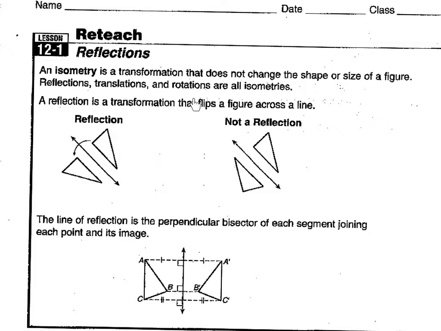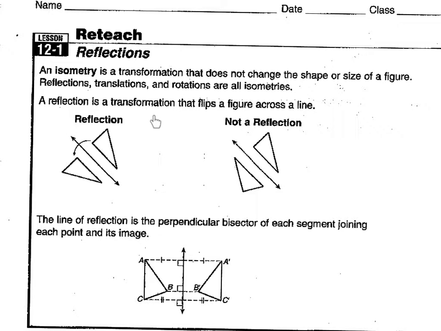How come? Does it change the shape? No, the shape is the same. What does it change? The size. On dilations, you change the size. It could either enlarge or reduce it. So that's why that's not an isometry.